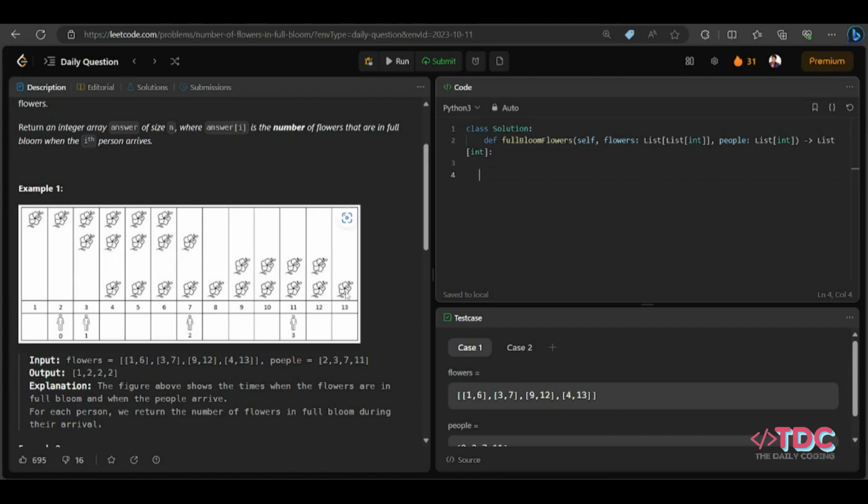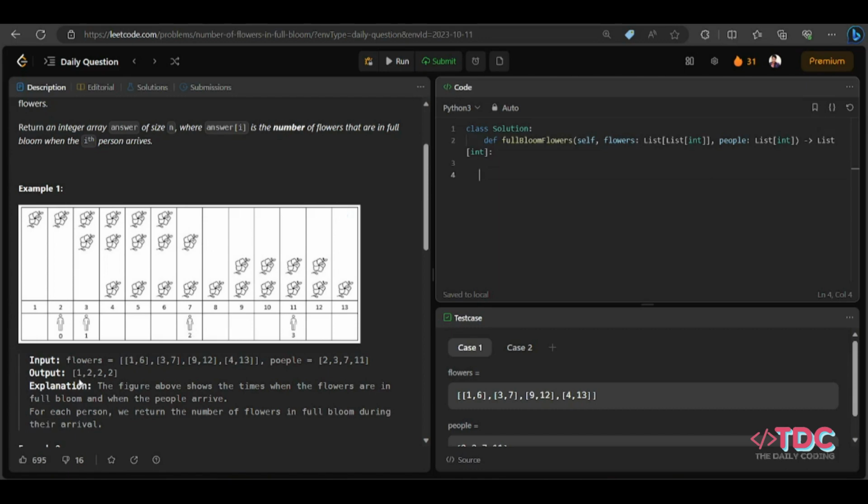Now a person came at time 2, right? When the person came at time 2, he will see one flower in bloom. The person who came at time 3 can see two flowers in bloom, right? The third person who arrived at time 7 will see two flowers in bloom, like you can see in the answer also.